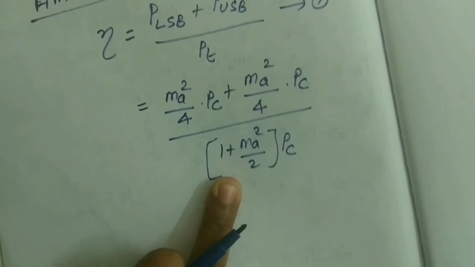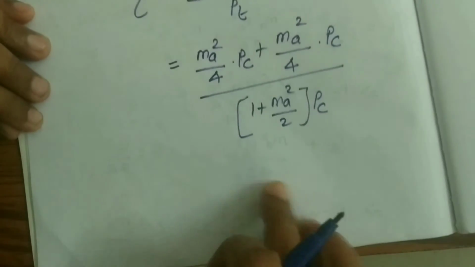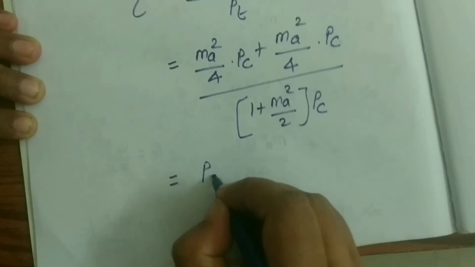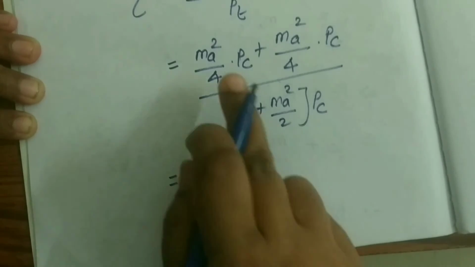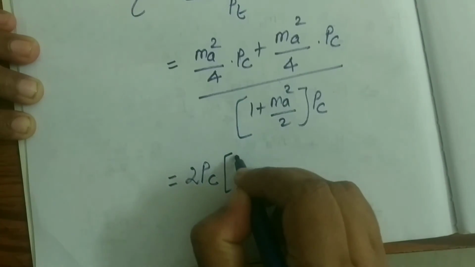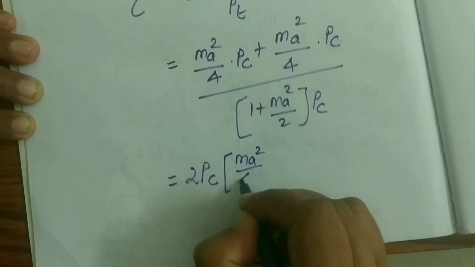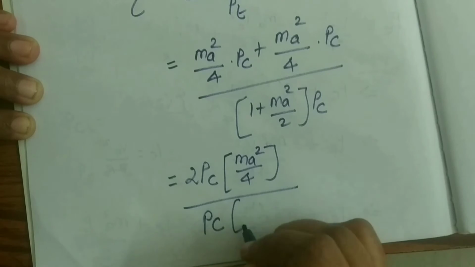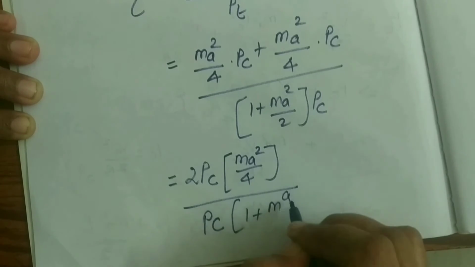So in the upper part, twice of the same term. PC is the same, so I am taking PC outside: twice of the PC, twice of the same term, 2PC into ma squared by 4, divided by PC into 1 plus ma squared by 2.